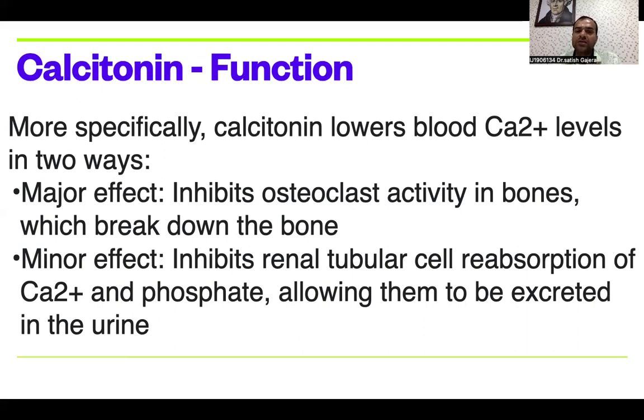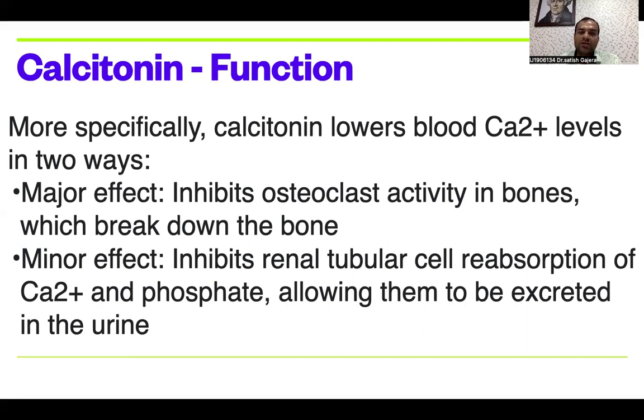The minor effect inhibits renal tubular cell reabsorption of calcium and phosphate, allowing them to be excreted in the urine. So the minor effect relates to renal stones, whether phosphate stones or calcium stones. Whenever these are excreted in the urine, there is excess calcitonin secretion.